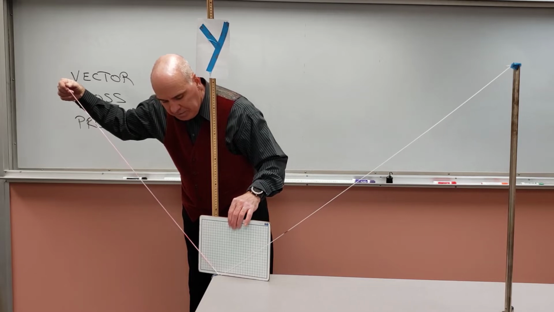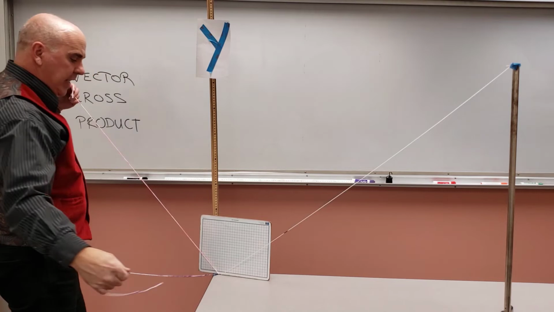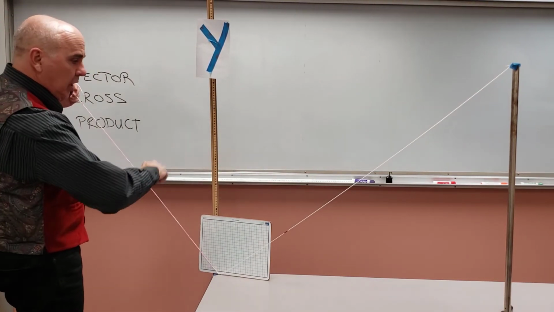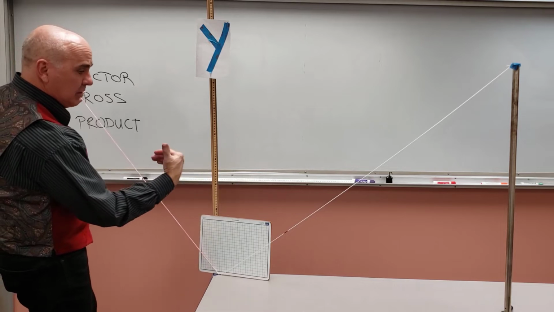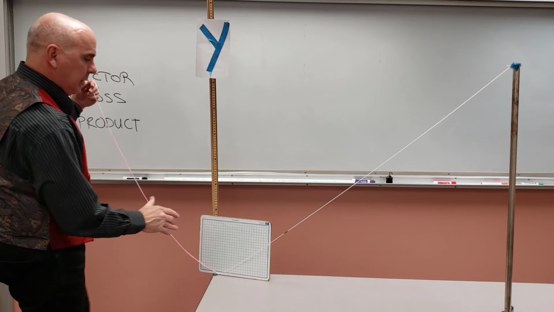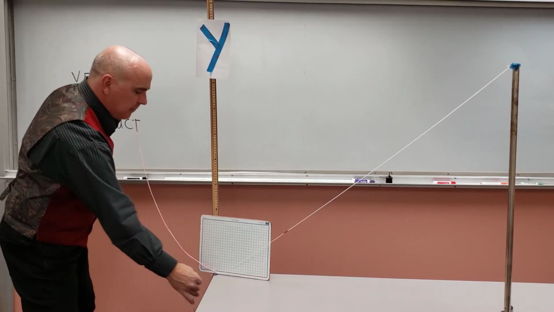But there'll always be another vector that is mutually perpendicular to both of those. So W cross R, right-hand rule, W cross R points out this way. If I do R cross W, I'm not going to be able to get my hand to do that, R cross W points in the other direction.